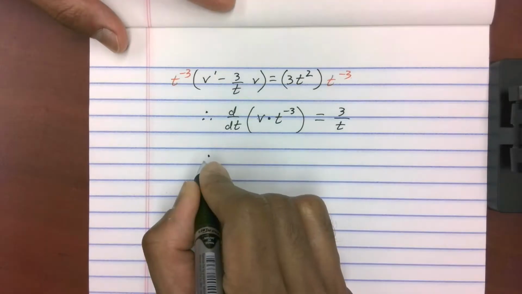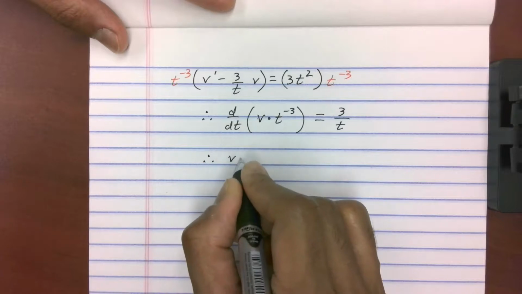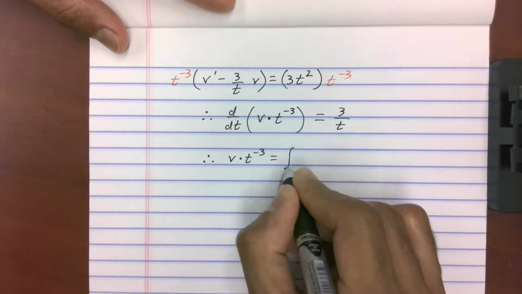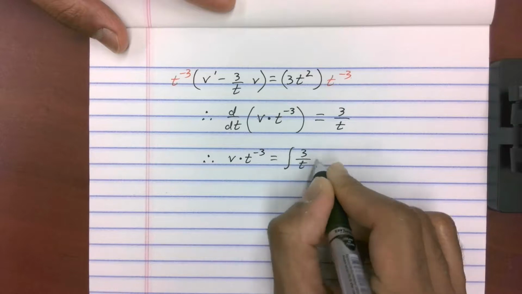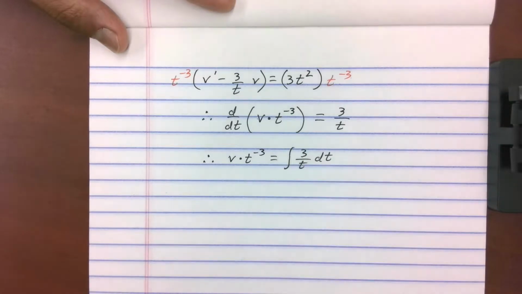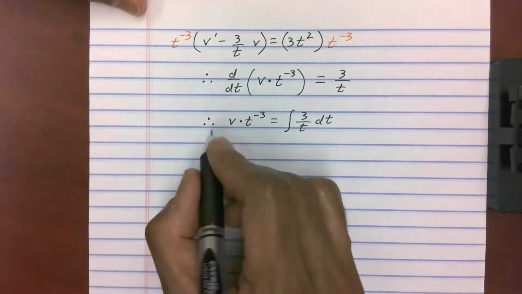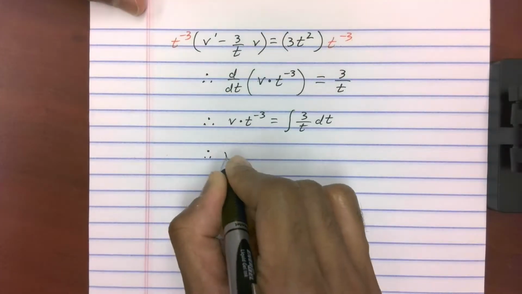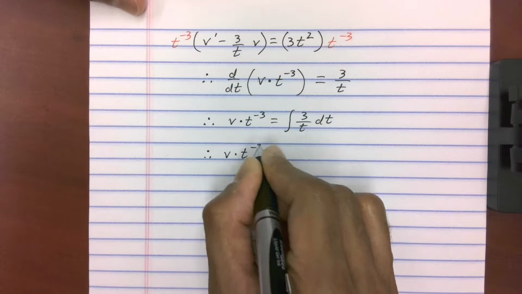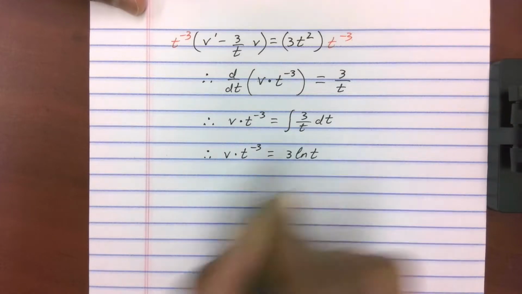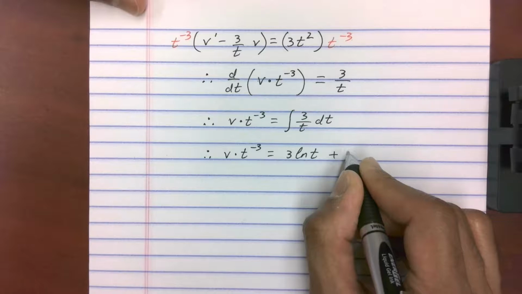Therefore, we may now say that v times t raised to negative 3 is equal to the integral of 3 over t with respect to t. And that is a simple integral to evaluate. Therefore, we have v times t raised to negative 3 is equal to 3 natural log of t plus some arbitrary constant c.